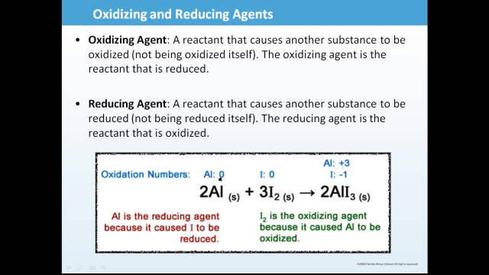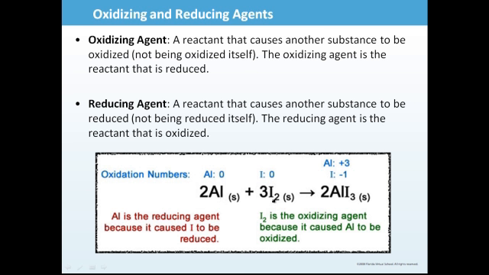So the aluminum goes from 0 to plus 3, so it was oxidized. Iodine goes from 0 to minus 1, so it was reduced. So the aluminum caused the iodine to be reduced. Therefore, the aluminum is also the reducing agent.